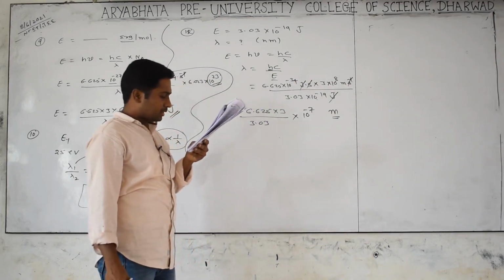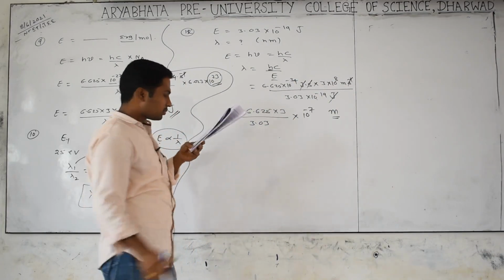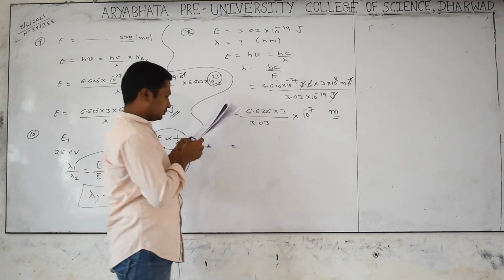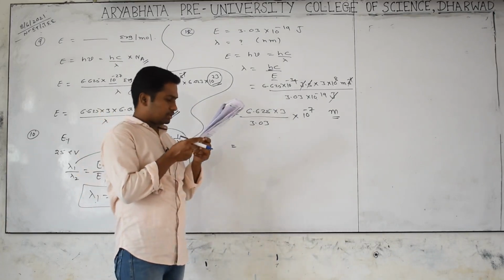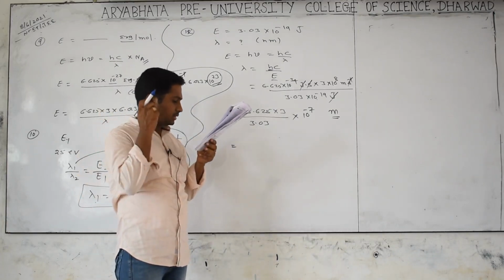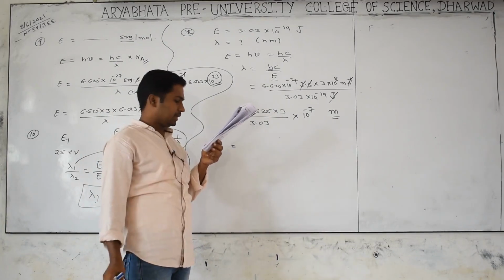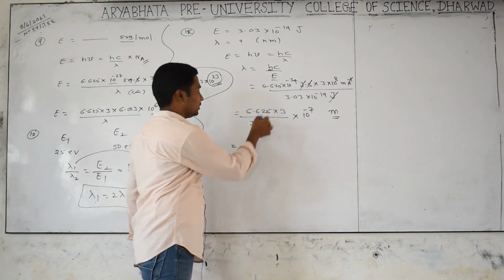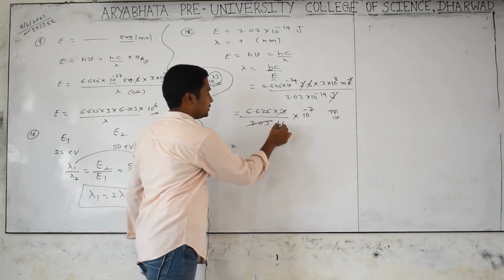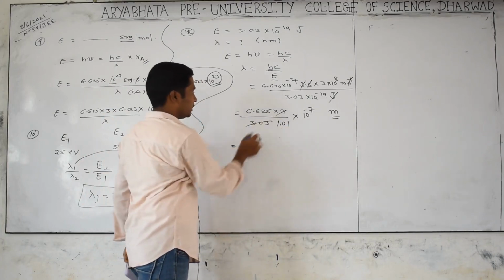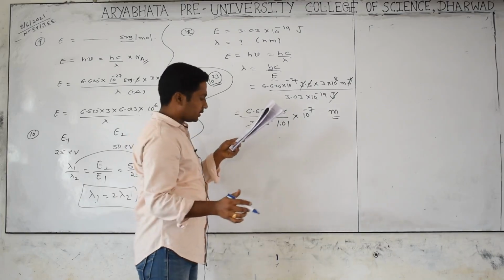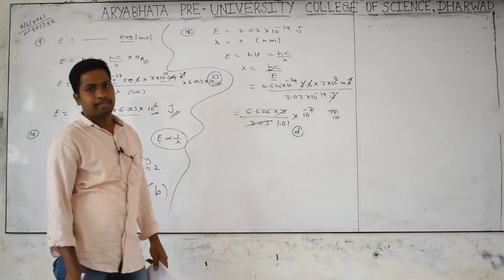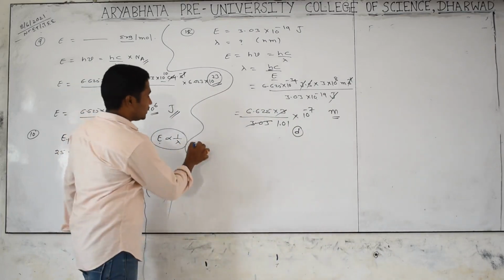Energy is in joules, wavelength, seconds, everything is there. You can simplify and you will get the answer in nanometers. Finally convert this, it is nothing but 1.01. You simplify, and I think the last option D will be coming. Check it. Yes, go for the 13th problem.